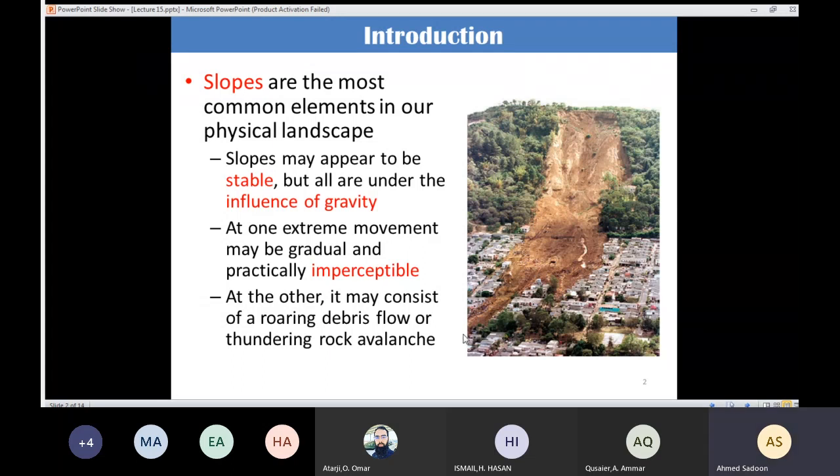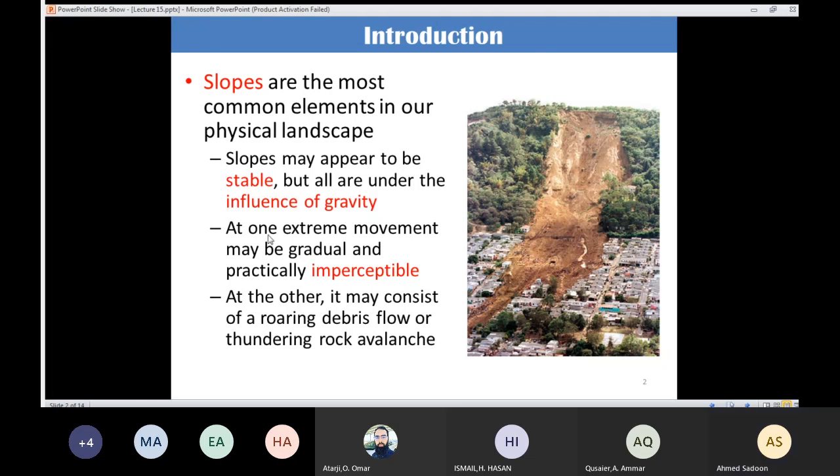We can say that sometimes if we notice a movement in the slope, the movement is gradual and it's difficult to see any changes. In that case, we are safe. But sometimes the movement of that slope, the movement of the soil or the rock, is going to be disastrous.